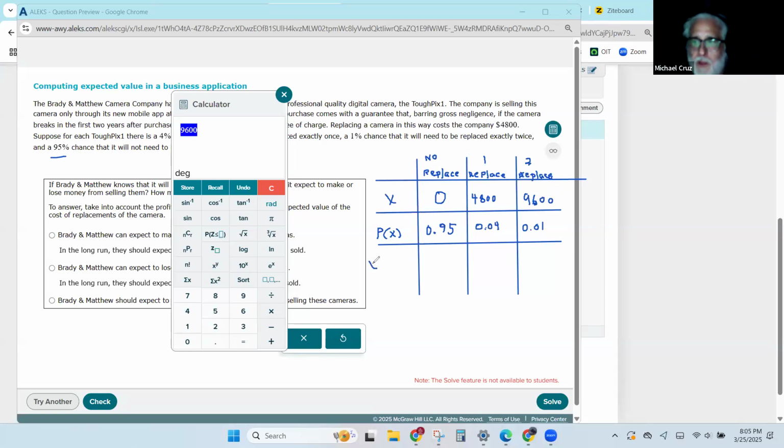So then we're just multiplying down, X times the probability of X. So this is 0, because 0 times anything is 0.